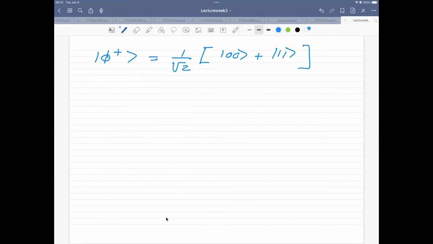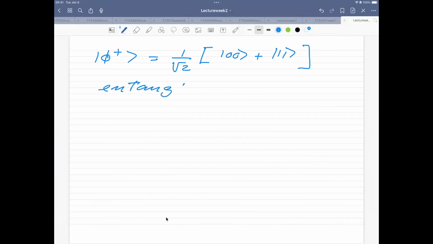Now, this is a state which I cannot write as a product of the states 0, 0, 0, 1, 1, 0, 1, 1. So this is a first example of a state which we call entangled because it cannot be written as a product state. So this is our first entangled state.